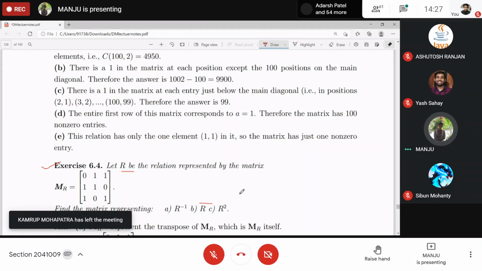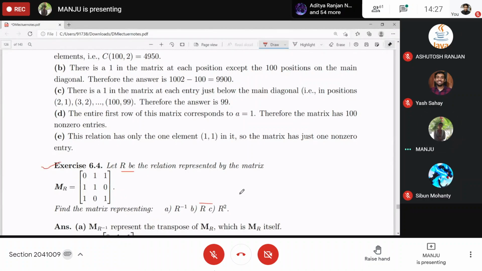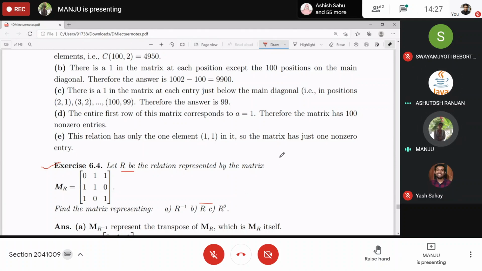R inverse. Have you defined R inverse? Tell me the definition. Not adjoint or determinant, the definition of the R inverse relation.